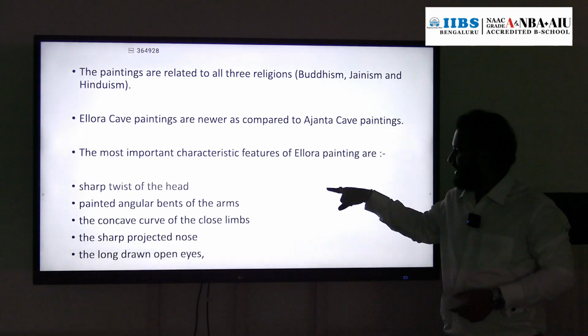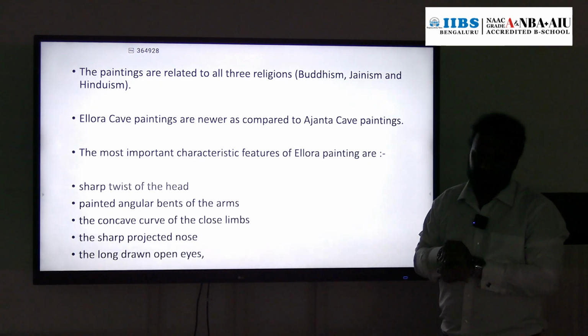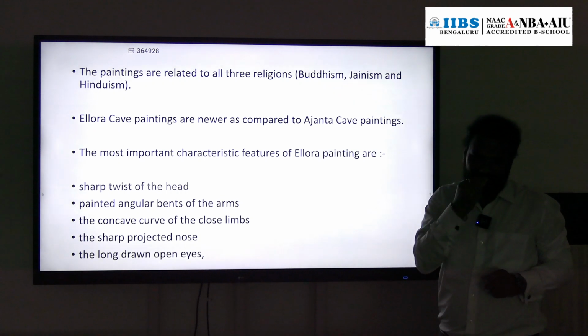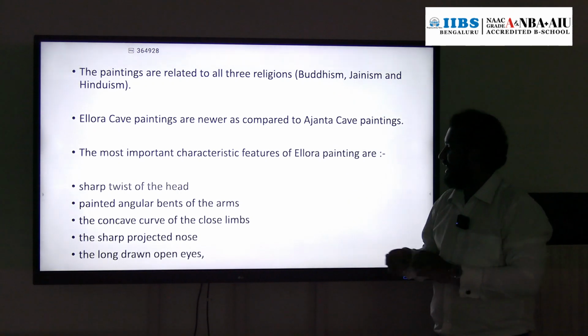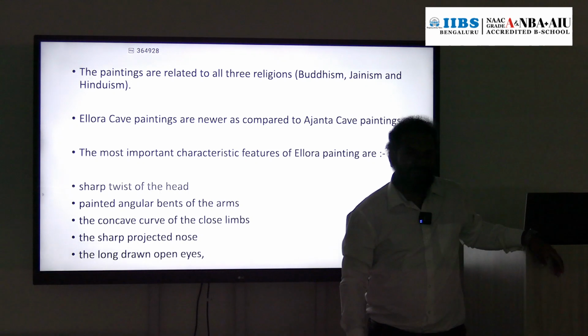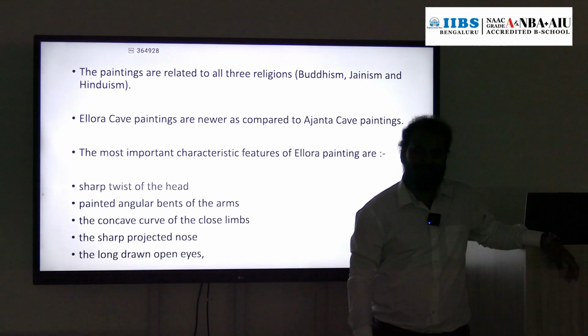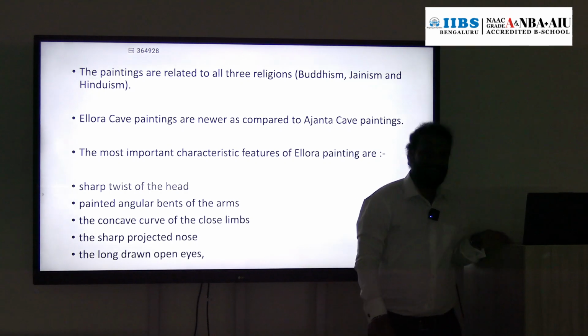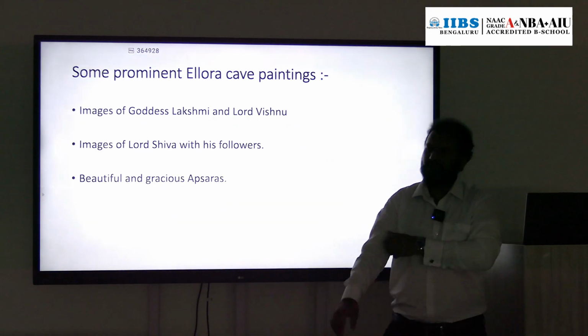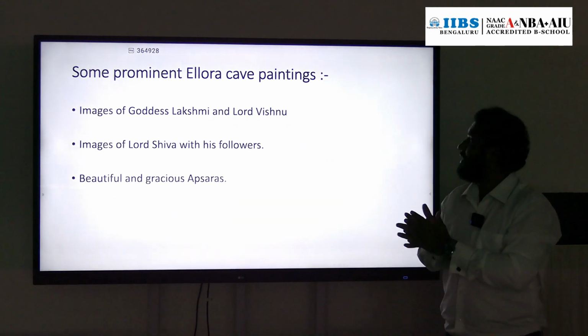Concave curve of the closed limbs, sharp projected nose, pointed and sharp, and long drawn open eyes. Like this it is there in yoga position. So these are the features of paintings located in Ellora caves.